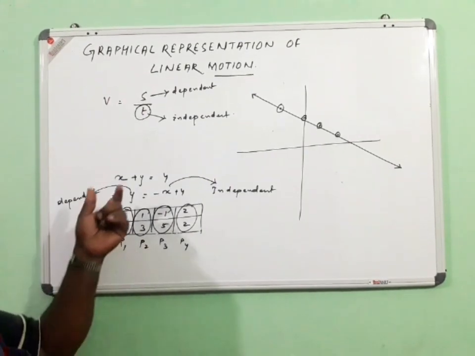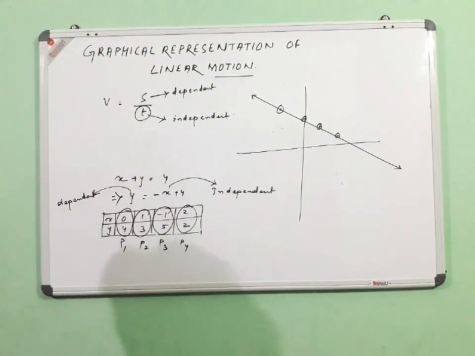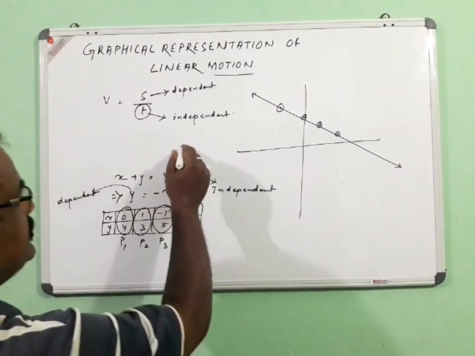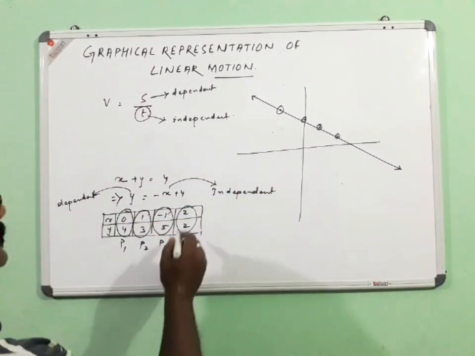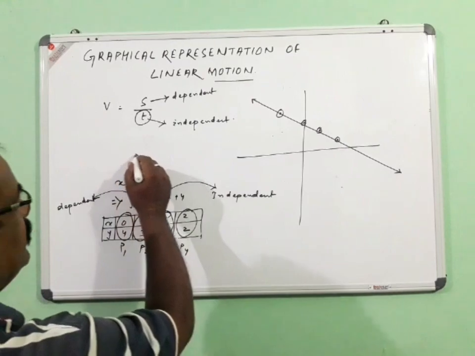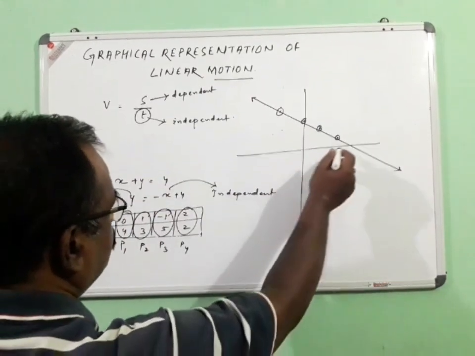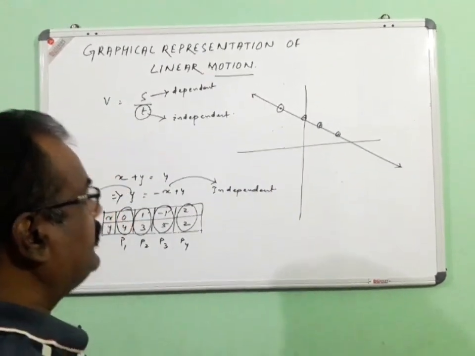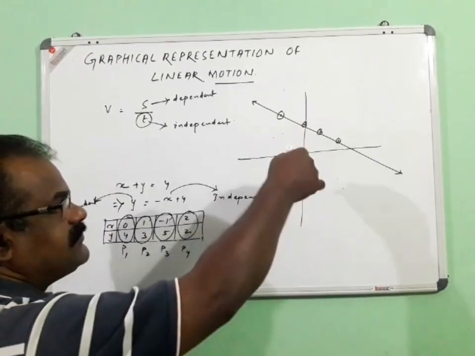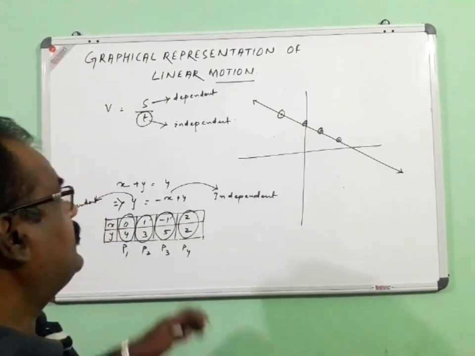that of the t value. So whenever we represent that graphically, the value of t should be represented on the x-axis, and s should be represented on the y-axis.